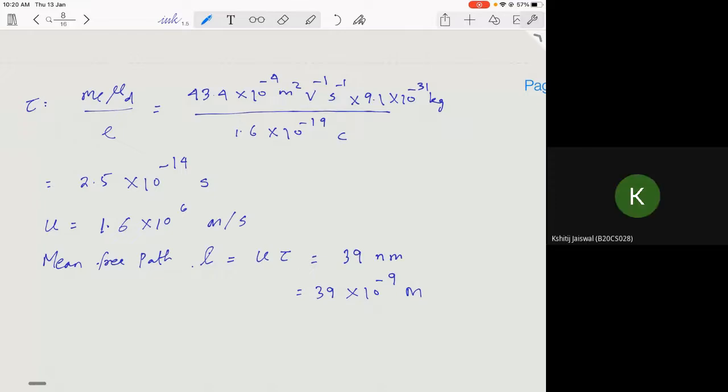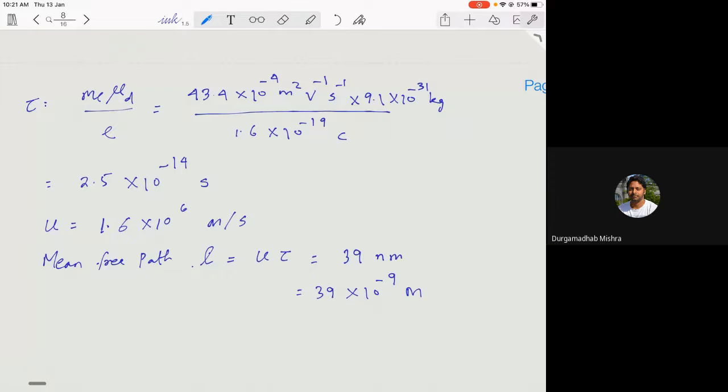So why are we not considering the acceleration of the electron due to the electric field? If you want to add, we can add an extra velocity term here, yes.